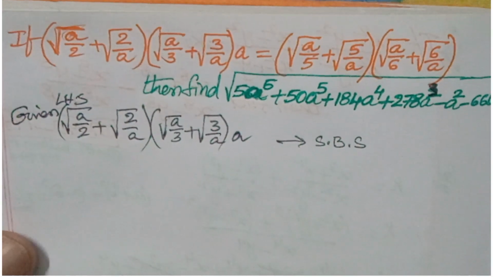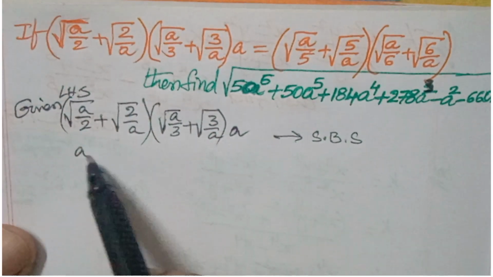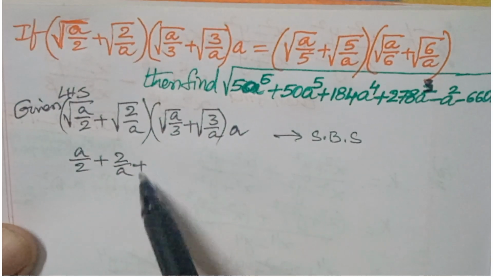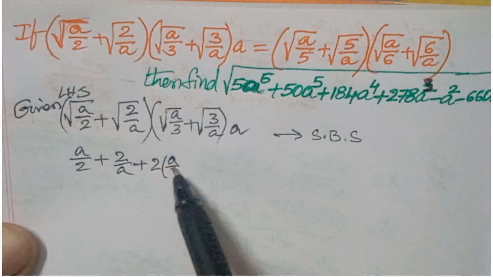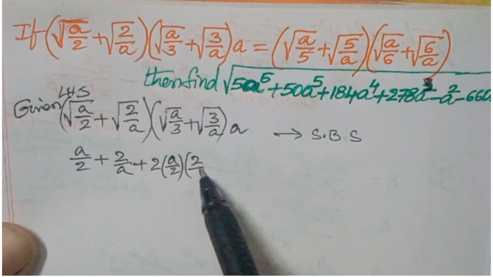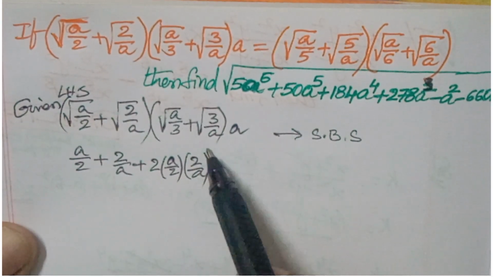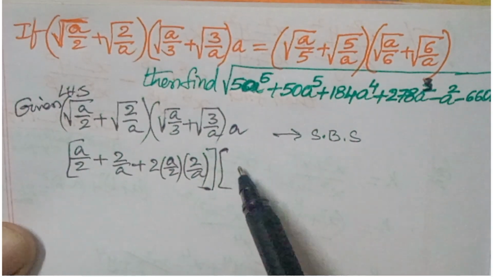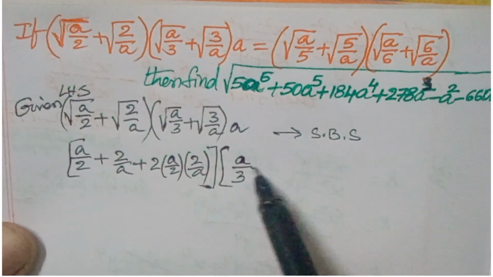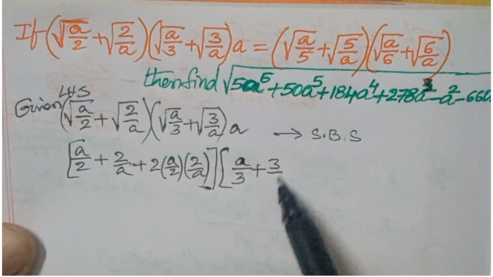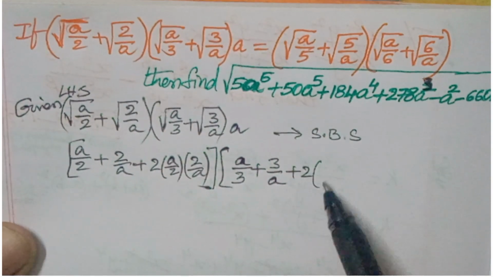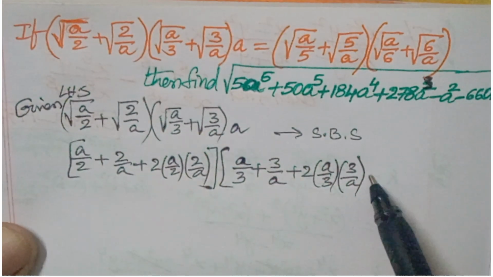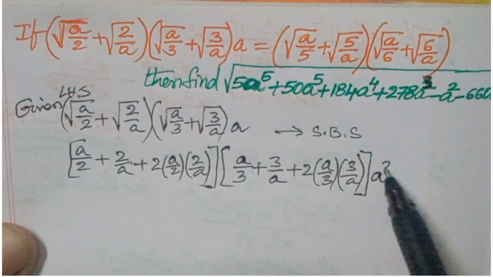If you do the squaring, using a square plus b square plus 2ab, and the second one if you multiply, you will get a square plus b square plus 2ab into a square.